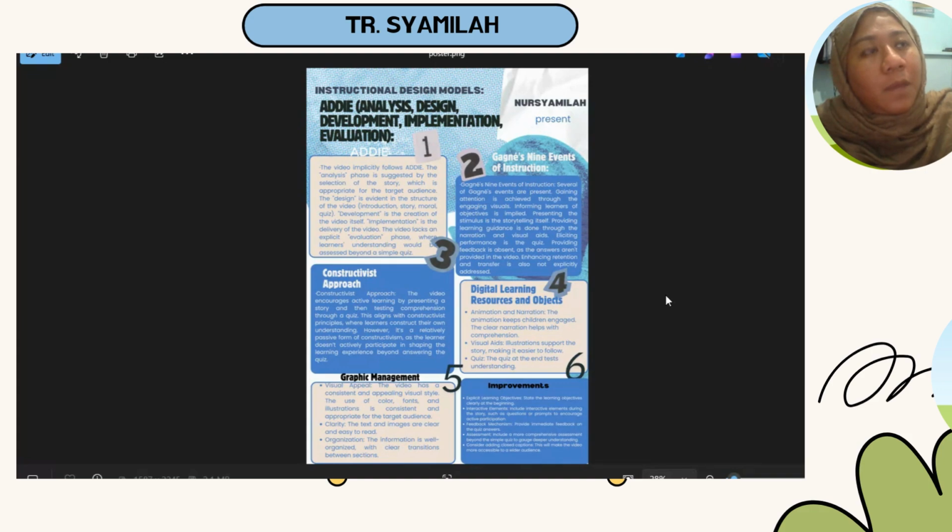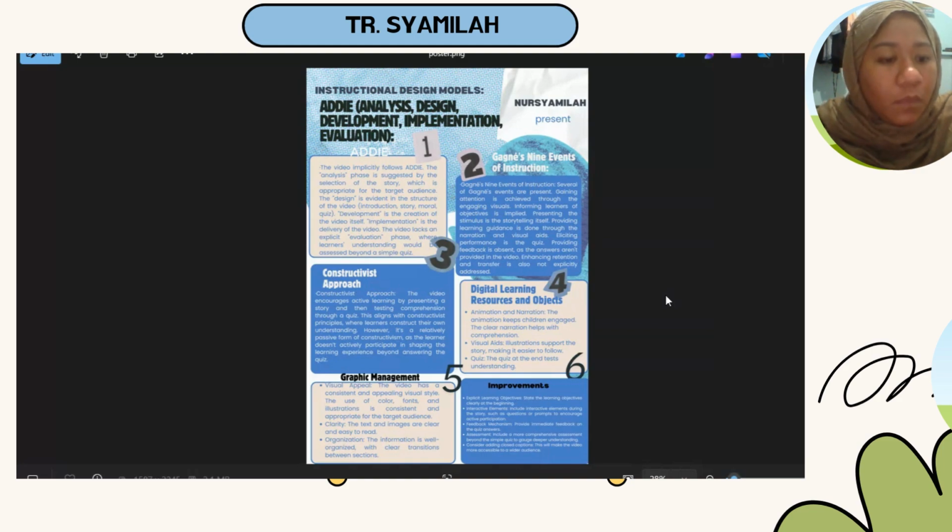So I put a transition in between in order to give something that can attract them, to put them in an interesting or attractive, good mood, so that they can excitedly wait for the next story.